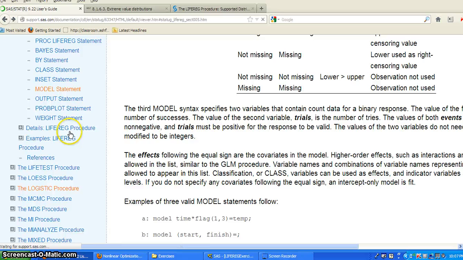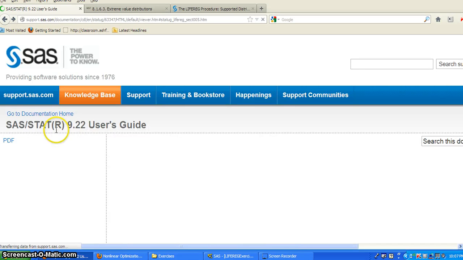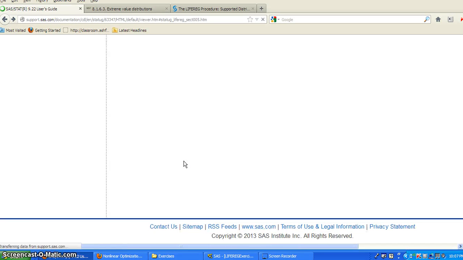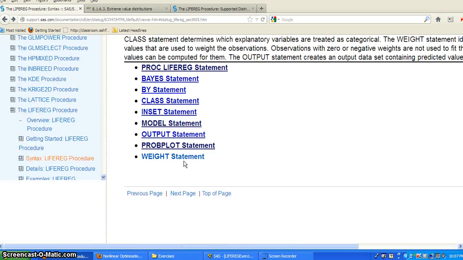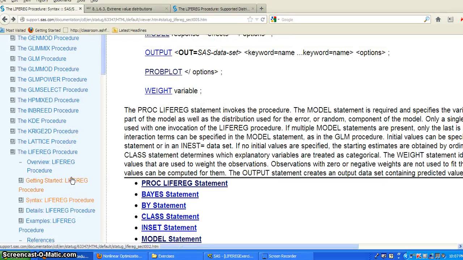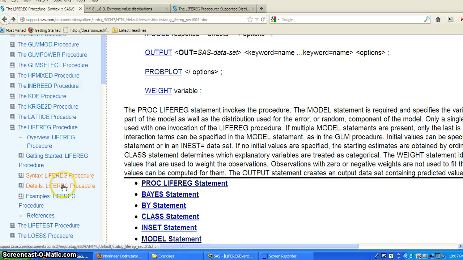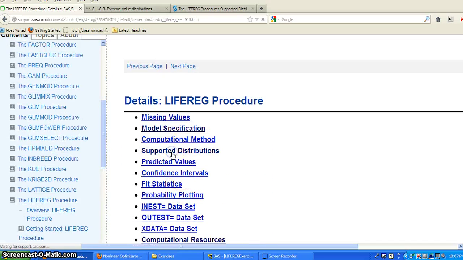If you really want to get into the details, you can go to see the formula in the LIFEREG details.